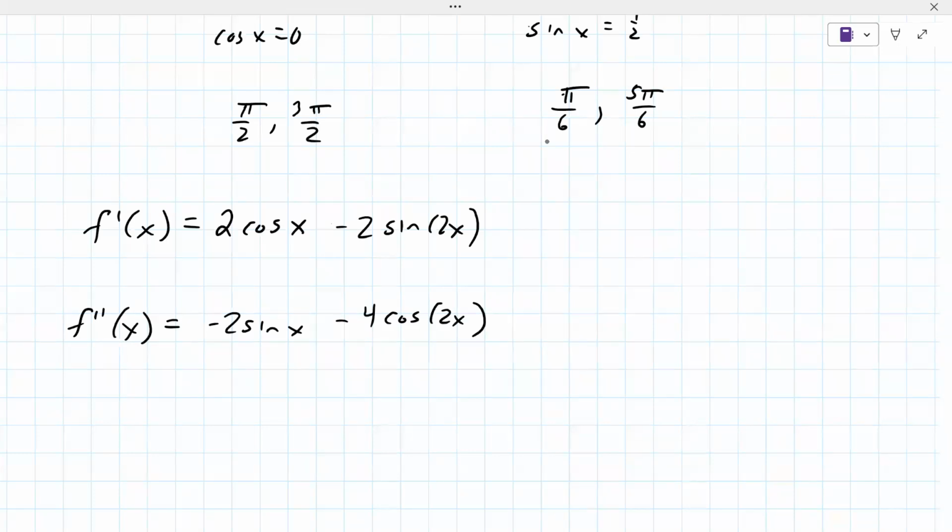So now let's try the easy ones. The easy ones are the ones that are up, down, left, right on the unit circle. Can you evaluate the second derivative at pi over 2? What's sine pi over 2, and the cosine of pi?